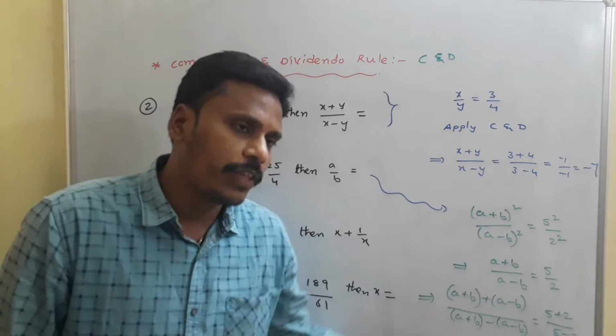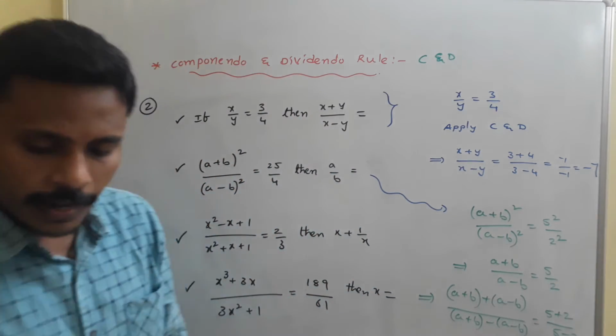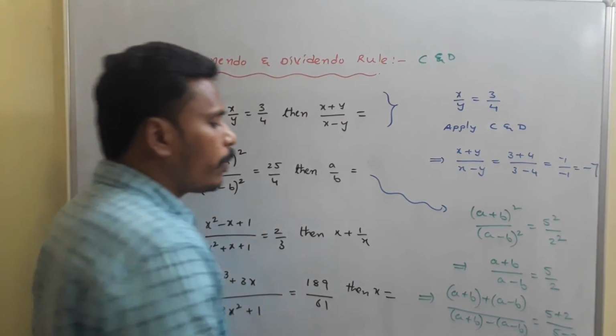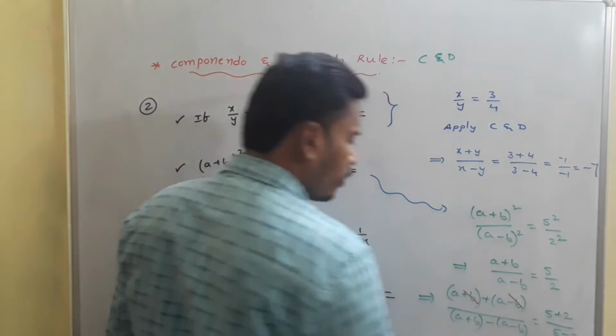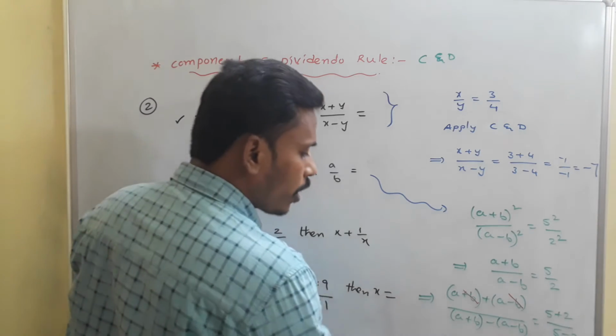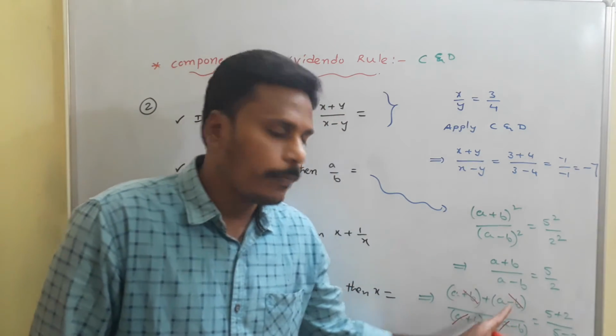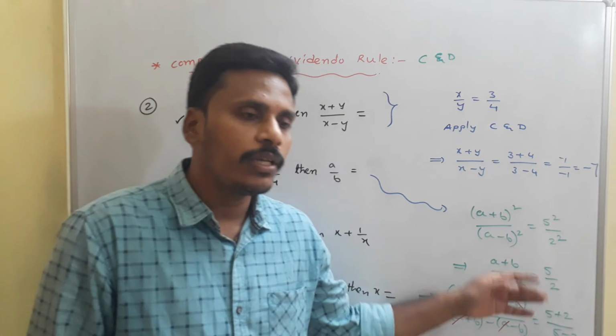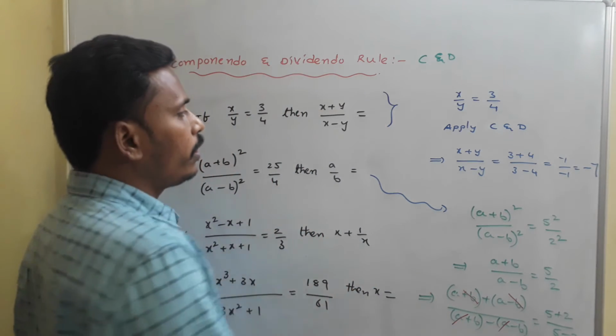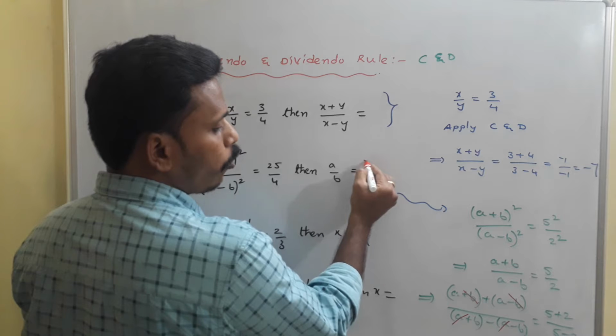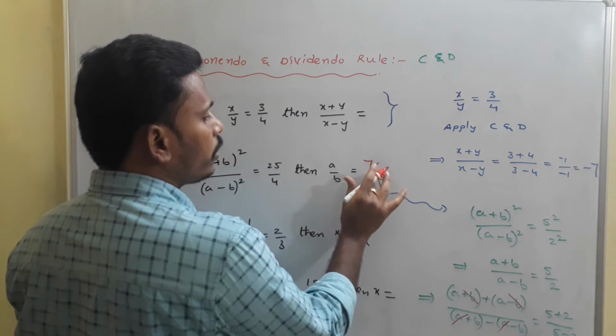When you simplify this, on the left side, b and b get cancelled in the numerator, and in the denominator a and a get cancelled. A plus a is 2a, b plus b is 2b, 2a by 2b means a by b, and finally our answer for this problem is 7 by 3.